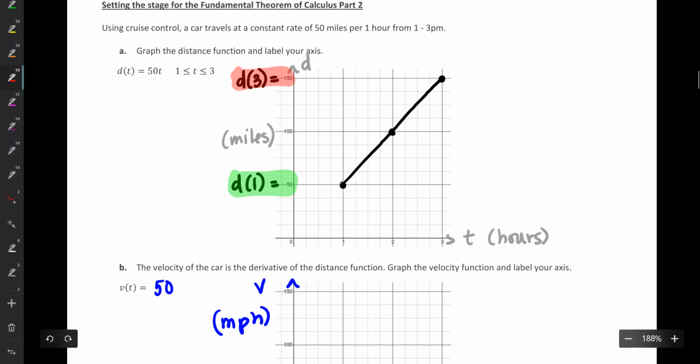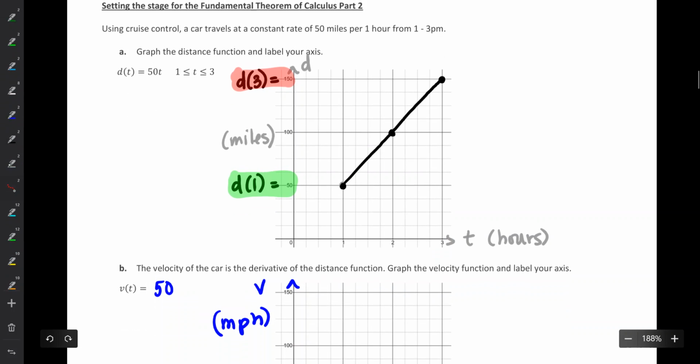So let's go ahead and subtract those. The difference in those heights, 150 minus 50, will lo and behold be that same number, 100 miles. Units all match here too.